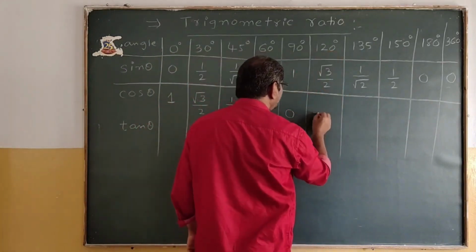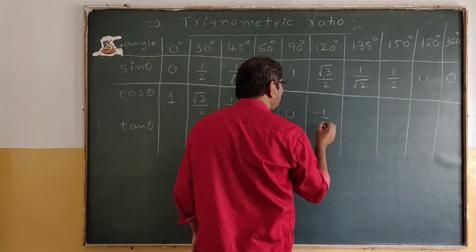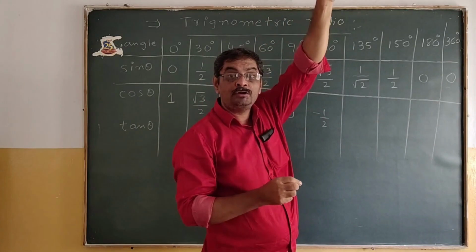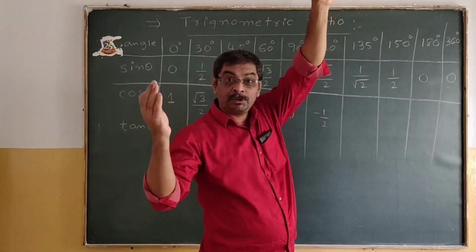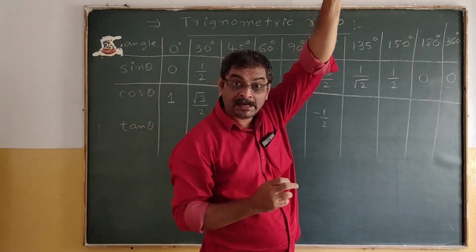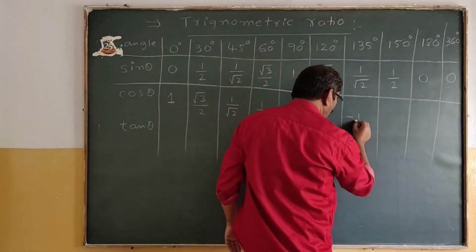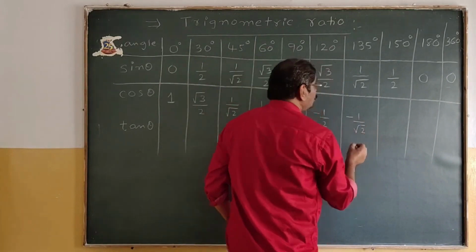Cos 120 degree will be minus 1 by 2. Cos 135 degree will be cos of 90 plus 45 degree, that will be minus sin 45, that will be equal to minus 1 by root 2.